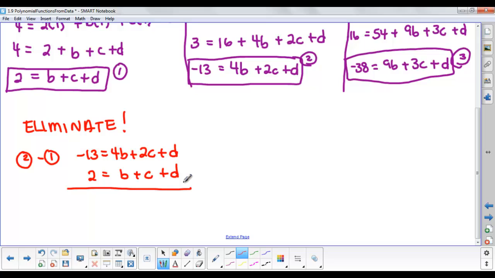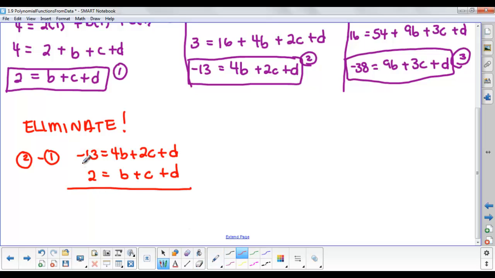And the reason I chose equation 2 and equation 1 is because if you take a look at the last term, these have a common coefficient. So remember from grade 10, when they have a common coefficient, you can either add the equations or subtract the equations to eliminate that variable. So that is why I want to subtract, and we are going to eliminate d.